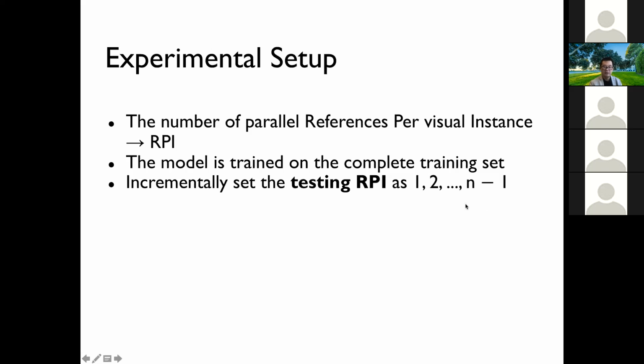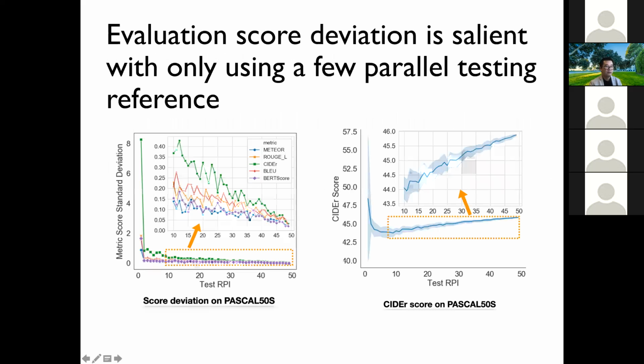And this is interesting because, again, if you look at some of these data sets, we see that we do need to worry if we only have a few parallel testing references in the test set.